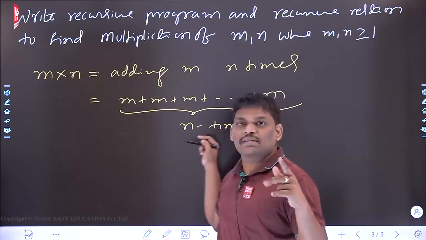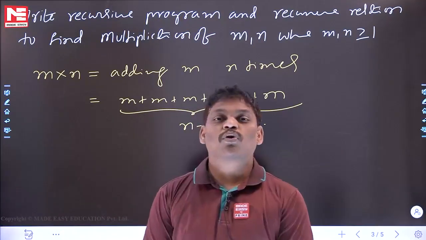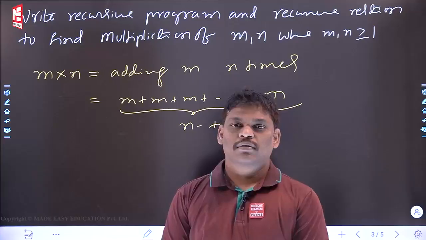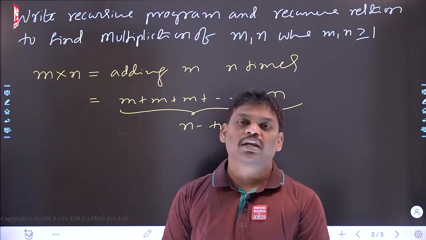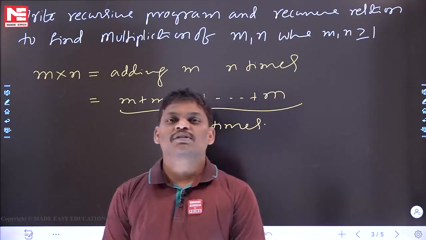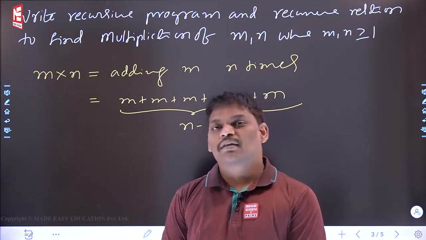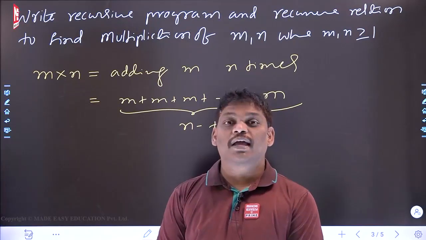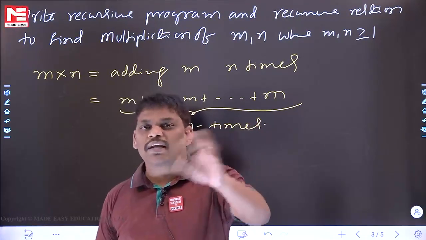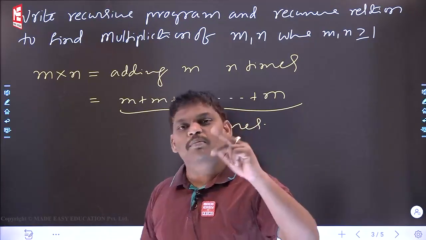Some more people are asking me, sir, can I do the same thing in some other way? Different ways are there. One more way is adding n, m times. M into n and n into m both give the same answer, because multiplication satisfies the commutative property. Adding m, n times or adding n, m times are the same in output, but because of the logic change, time complexity will change.